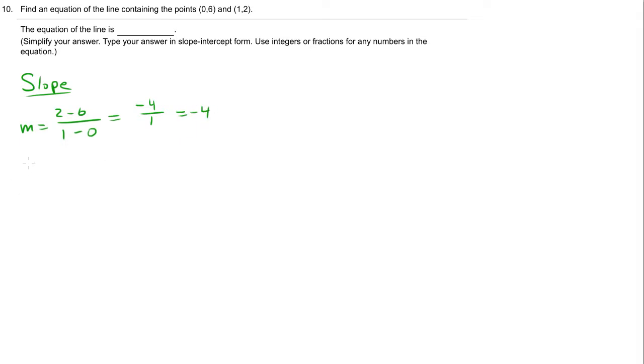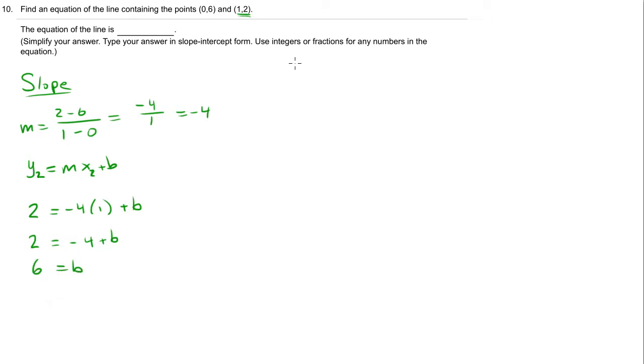Now I'm going to say, well, y is equal to mx plus b for a specific y and x. And actually, I'm going to use y2 because I like the numbers 1 and 2. I'm going to substitute that. So 2 is equal to a negative 4 times 1 plus b. So that's 2 is equal to negative 4 plus b. 6 is equal to b.